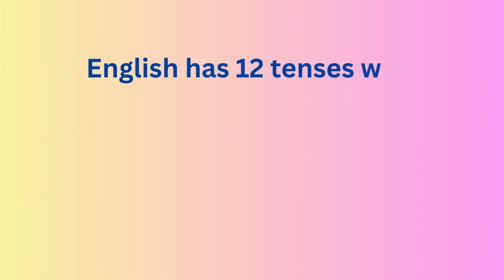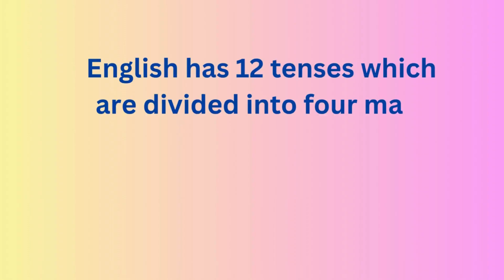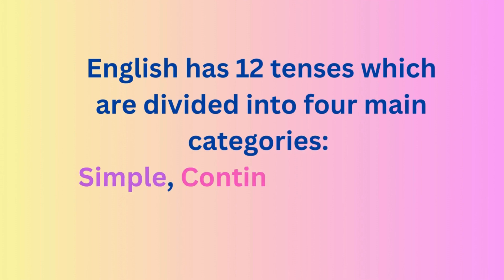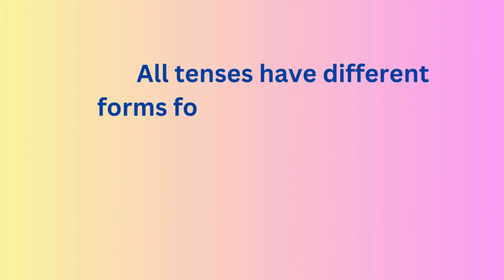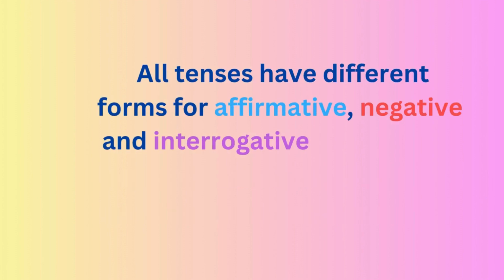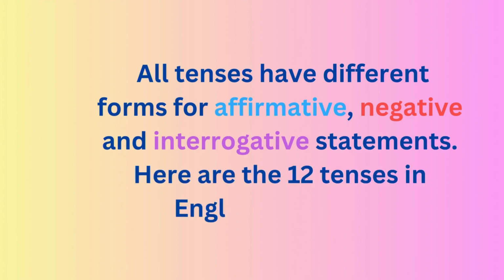English has 12 tenses, which are divided into 4 main categories: simple, continuous, perfect, and perfect continuous. All tenses have different forms for affirmative, negative, and interrogative statements. Here are the 12 tenses in English grammar.